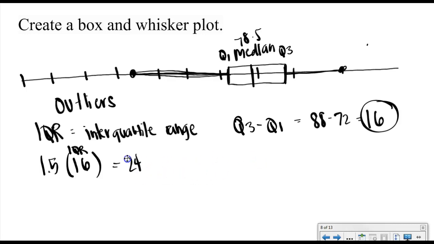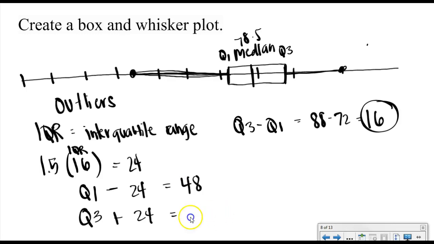And then what I do is I take my Q1, I subtract 24, and I take my Q3, and I add 24. So Q1 was 72 minus 24 is 48. Q3 is 88 plus 24, and I get 112.